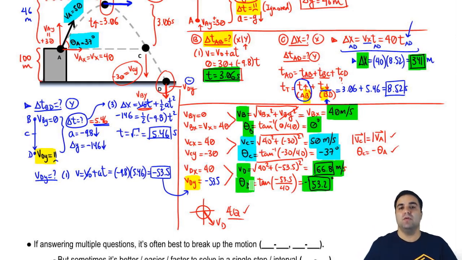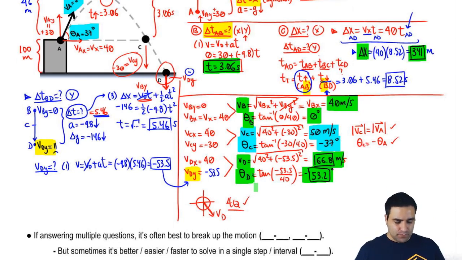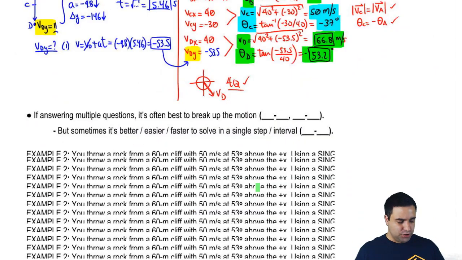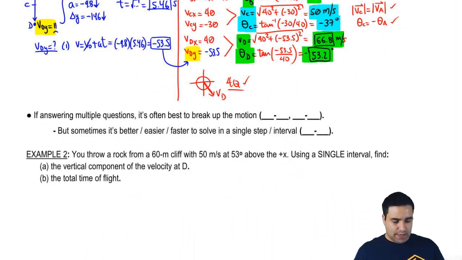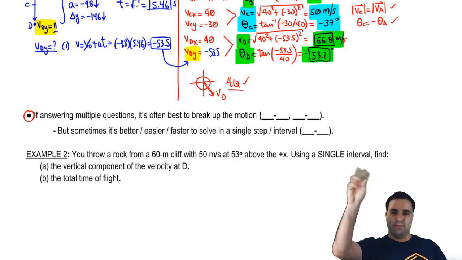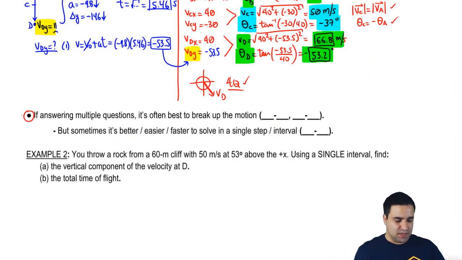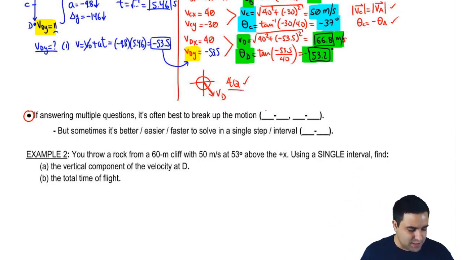All right. So I know this was a long example, but this sort of helps me explain all the little details about these kinds of problems. There's one more thing that I want to show you. So it says here, if we're answering multiple questions like we just did, you go from A to B and then B to D, and you do all kinds of different things. It's often easiest or best to break up the motion. So in this case, I did AB, and then we did BD.